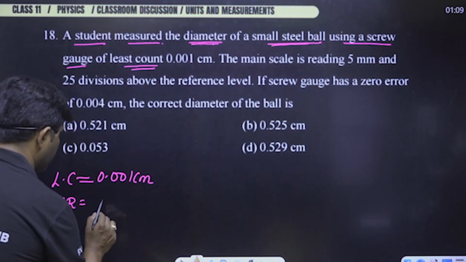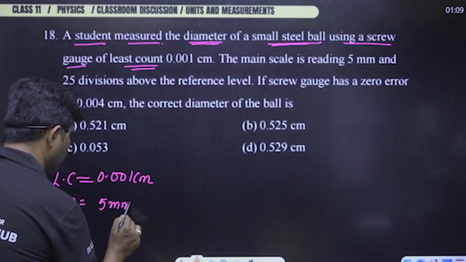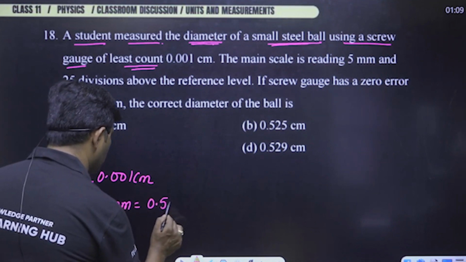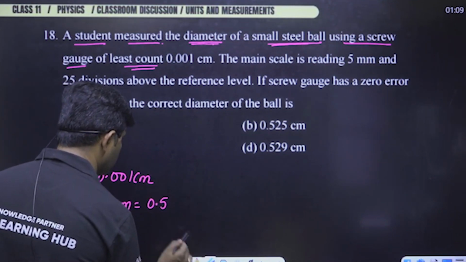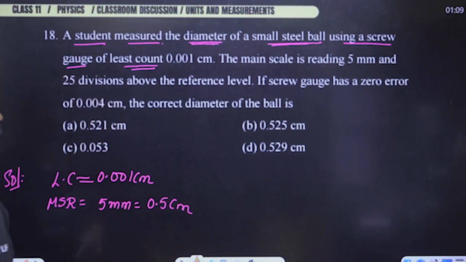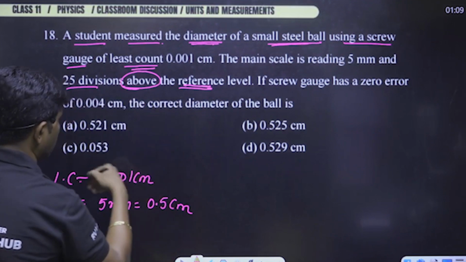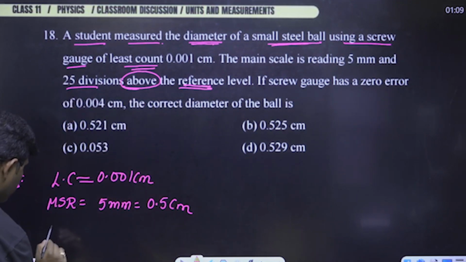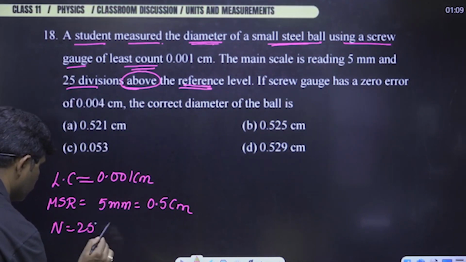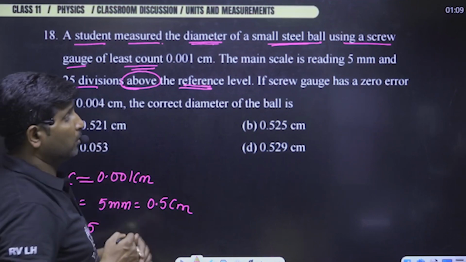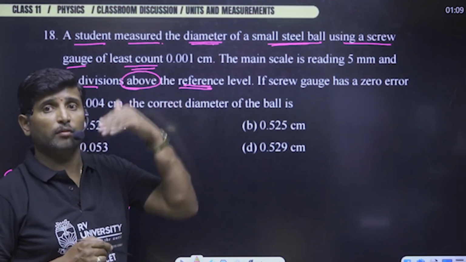Main scale reading is 5 millimeter, which is nothing but 0.5 centimeter. And 25 divisions above the reference level. That means we can say number of divisions is equals to 25 above the reference level.